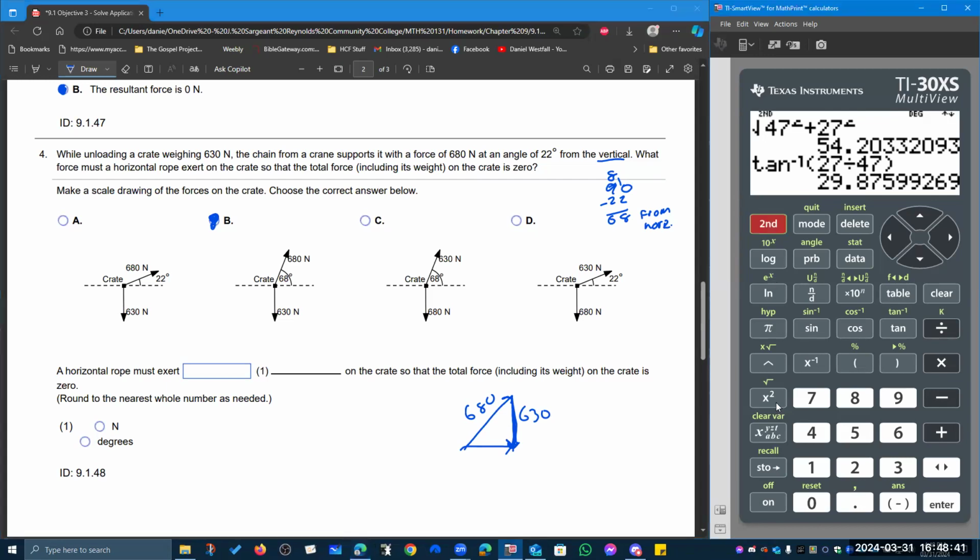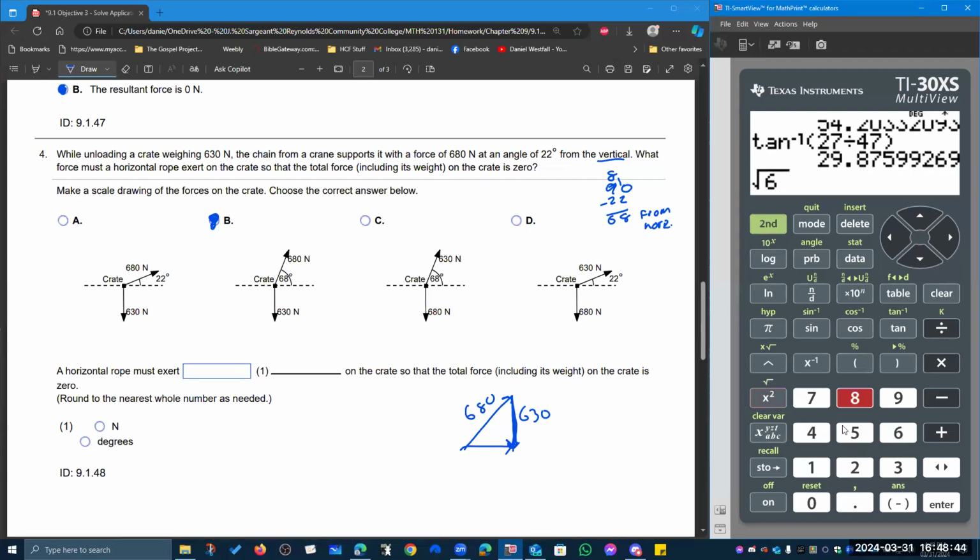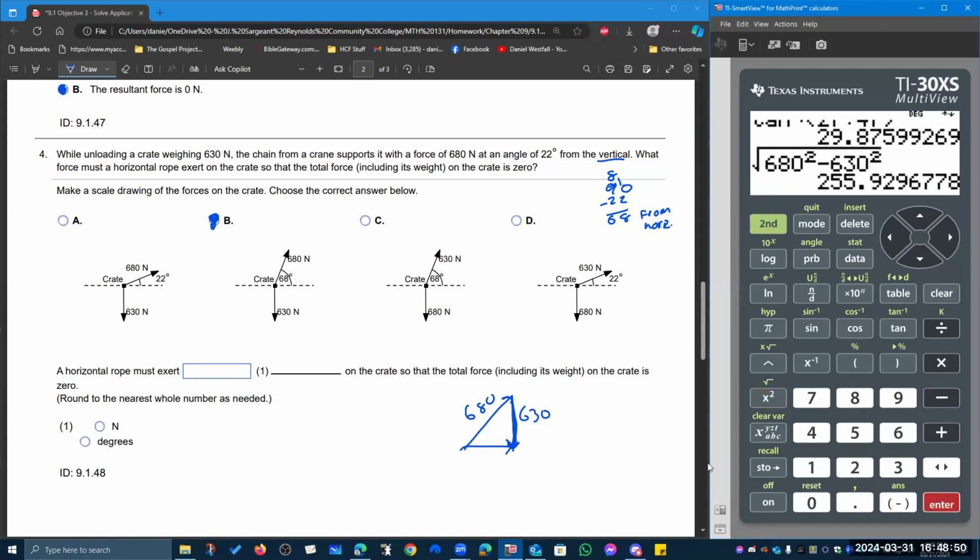We want the square root of 680 squared minus 630 squared. But there's an unbalanced force of 256 newtons in this direction. So I'm going to need a rope to pull 256 newtons in the horizontal direction that way to balance it out. And that's it.